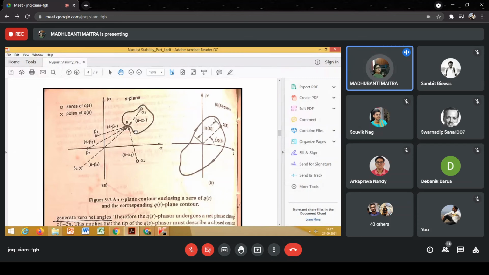Let us assume that instead of one single zero, the S-plane contour now encloses one single pole of QS, while the rest are not enclosed by this closed contour. So here, instead of this circle, it will be a cross, and instead of alpha 1, we now write beta 1.